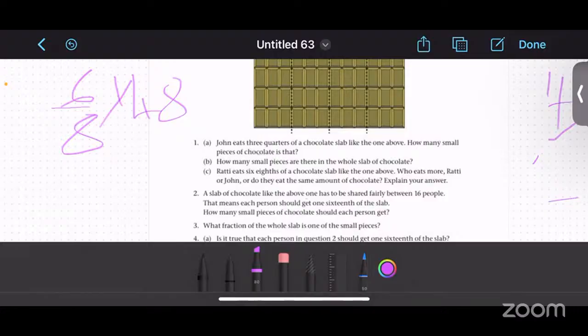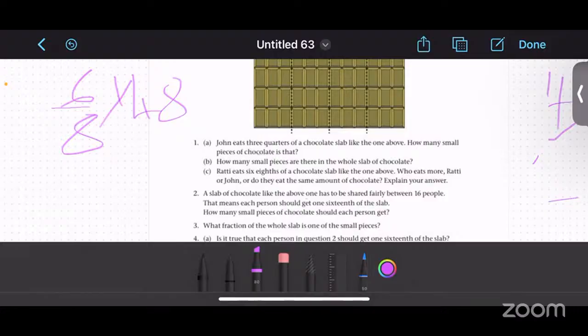And then how many is the other one going to eat? They're eating the same amount. Then you said your answer is 36, right? Yes, ma'am.